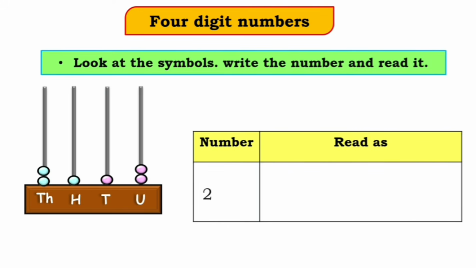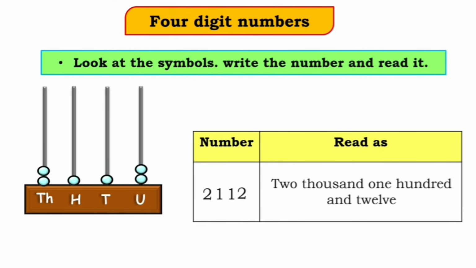So, let us write 1 in the hundreds place. Again 1 bead in the tens place. So, let us write 1 in the tens place. Then we have 2 beads in the units place. So, we will write 2 in the units place. Hence, this number is written as 2112.